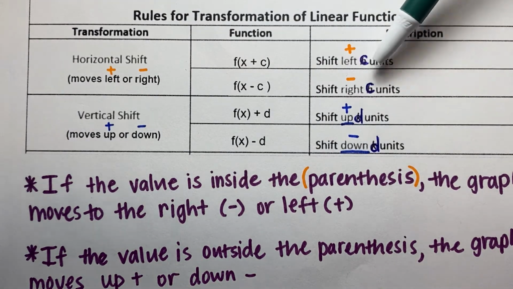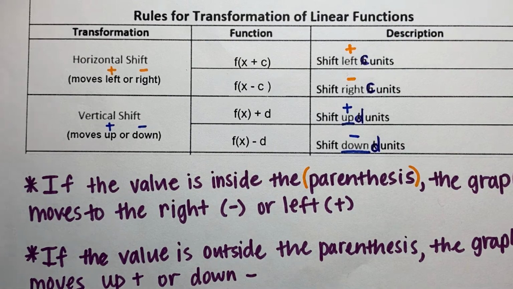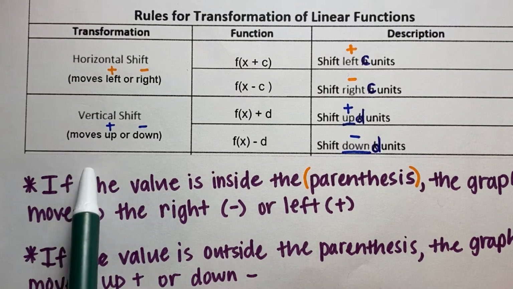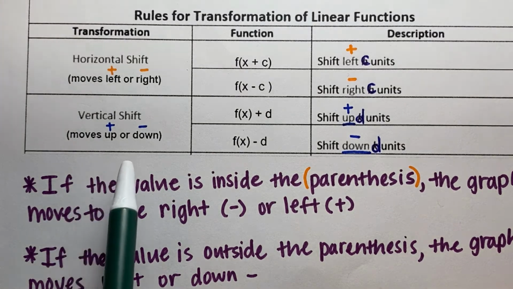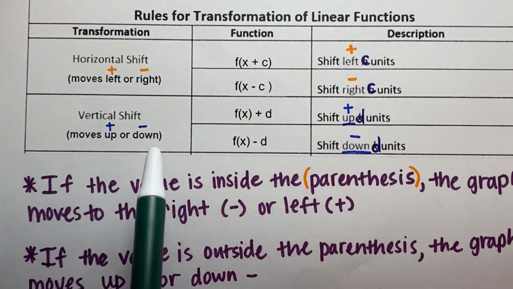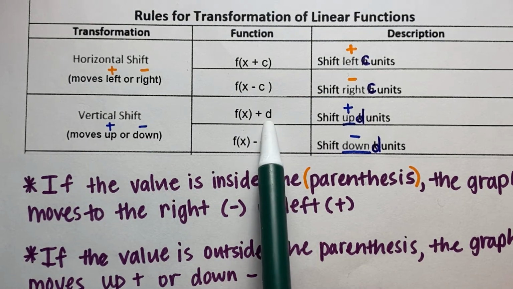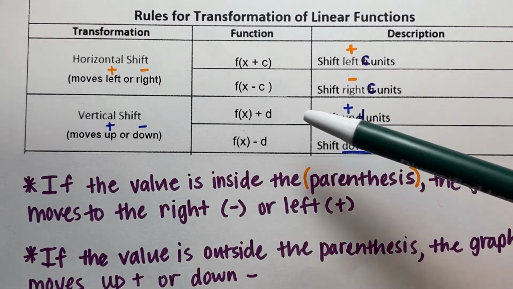So C is going to be a value, and the notation will be on the inside of the parentheses next to the parent function. A vertical shift is moving up or down. A vertical translation is the same thing. If we move up the graph, we're going to see a plus D, where D is a value.